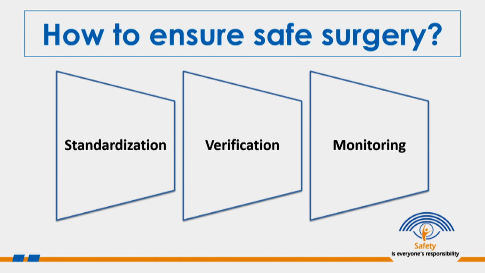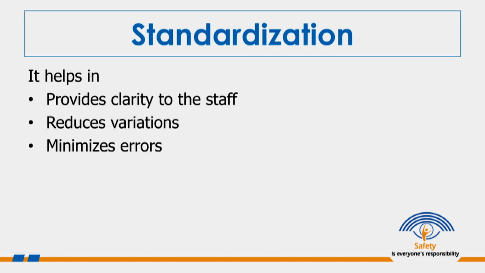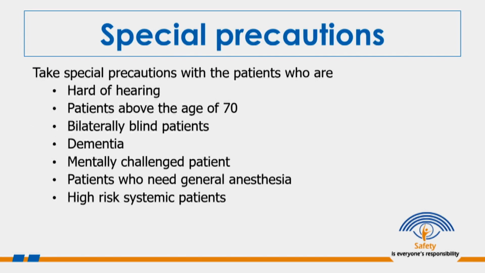Whether you are doing 1,000 surgeries or 10,000 surgeries or 1 lakh surgeries, we have to strive to see that not even one error happens. Standardization provides clarity to the staff, reduces variations and minimizes errors. So standardization becomes very, very important.